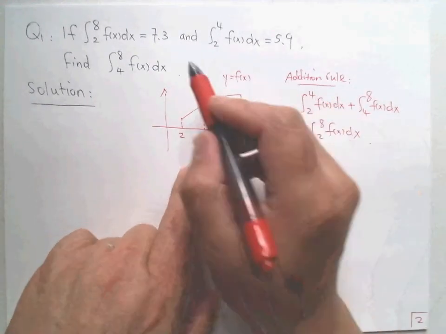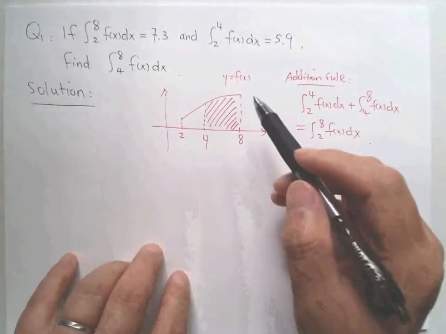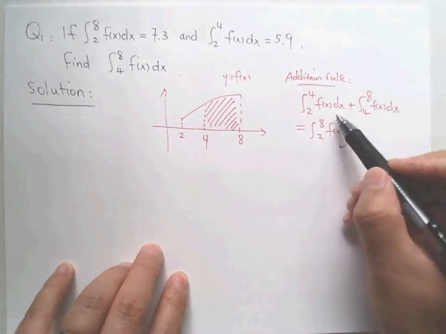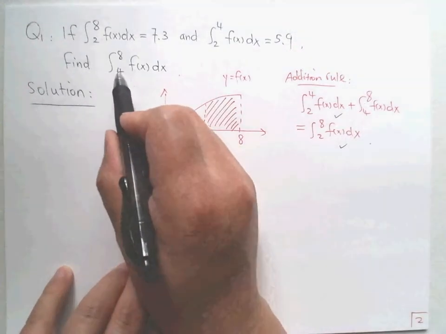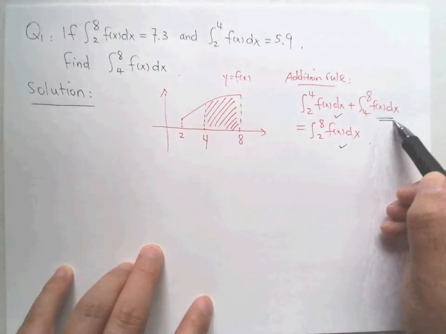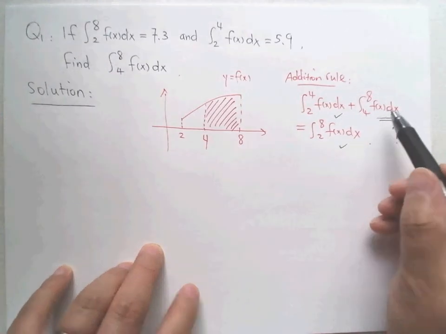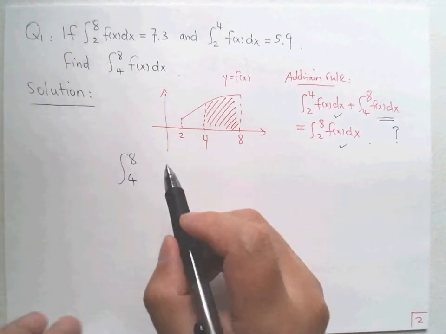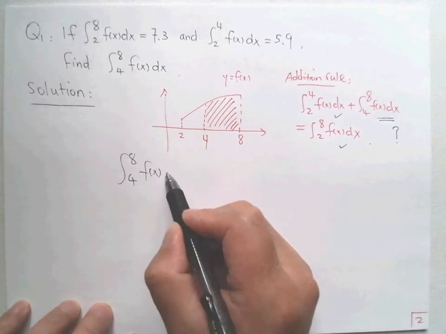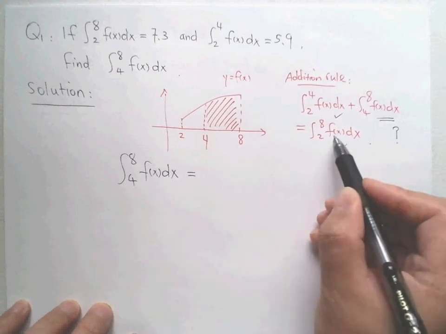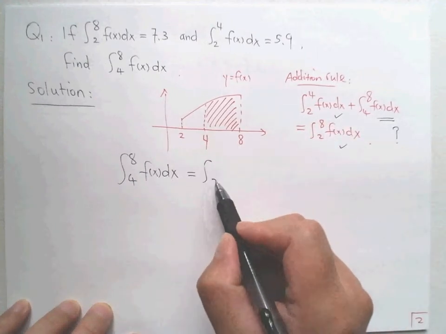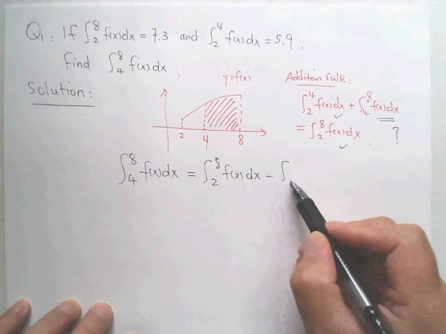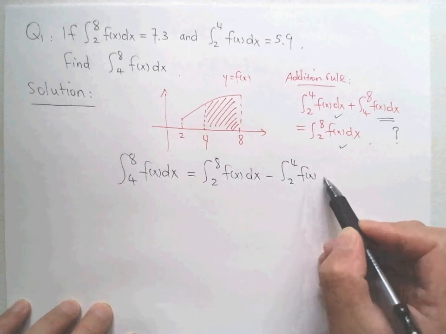From the information, 2 to 8 we know, 2 to 4 we know, and the question is 4 to 8. You know how to solve. So the integral from 4 to 8 of f(x) dx should equal this one minus that one: the integral from 2 to 8 minus the integral from 2 to 4.